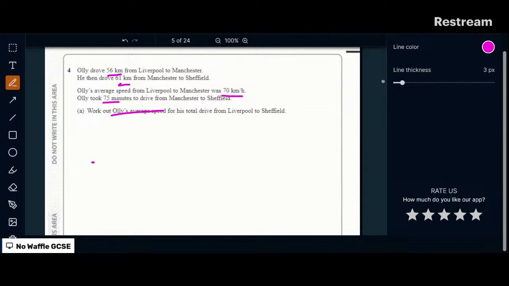So we can draw this out in a diagram if that makes it easier. So you've got Liverpool here, L, you've then got Manchester here, and you've then got Sheffield here. So 56 kilometres from Liverpool to Manchester, and then 61 kilometres from Manchester to Sheffield. So you've got both distances there.